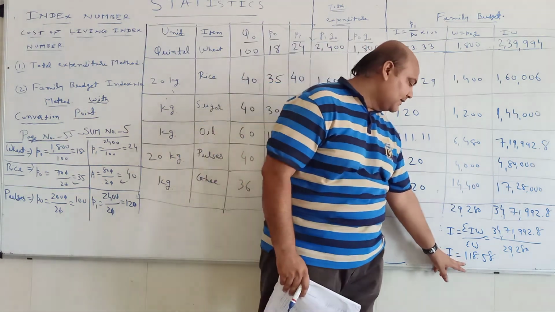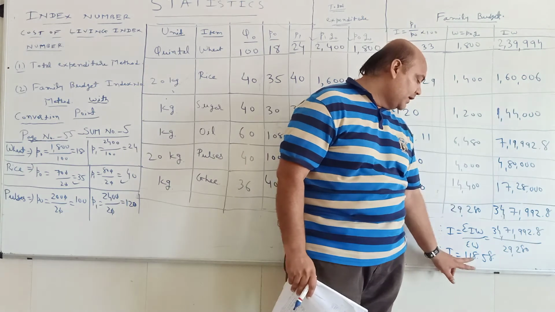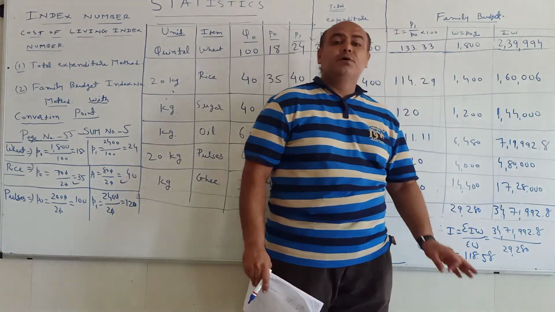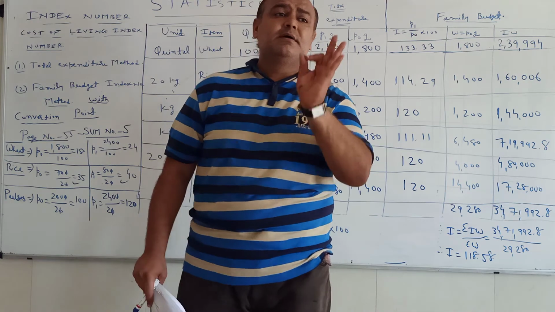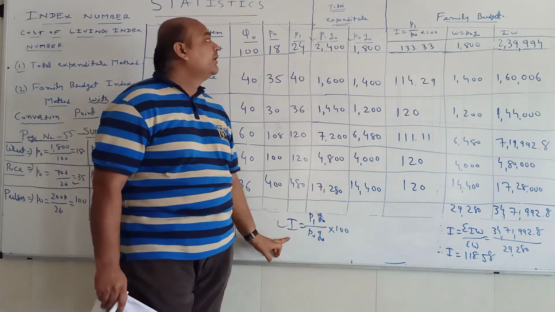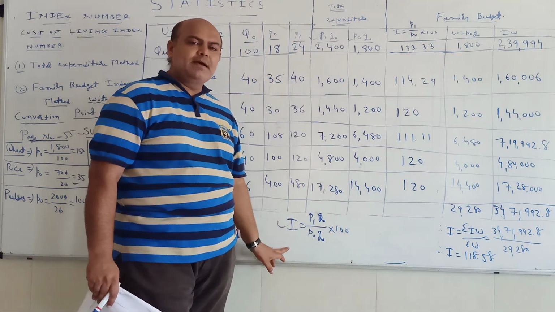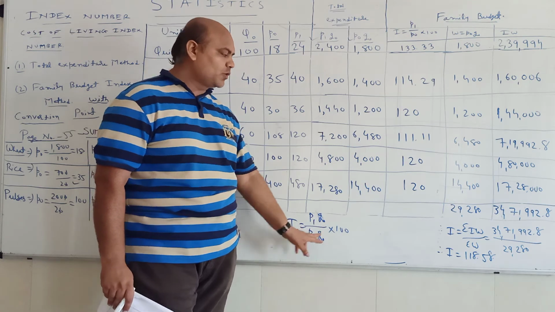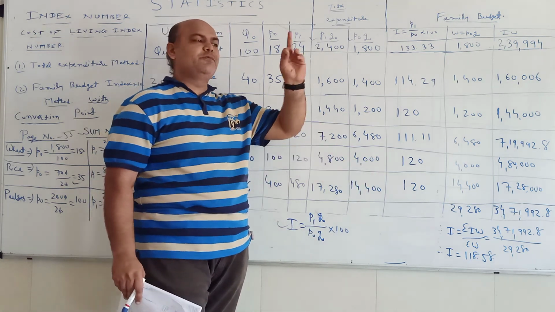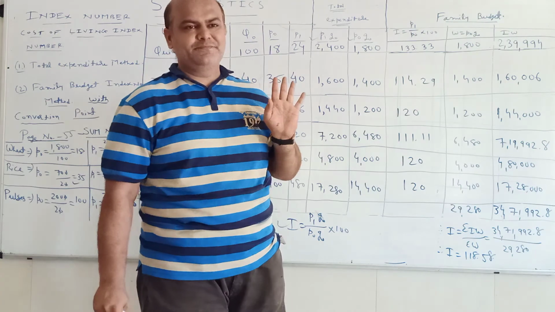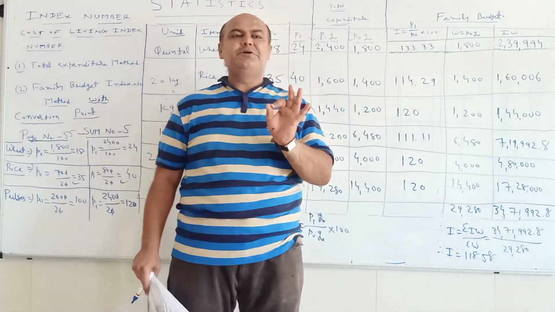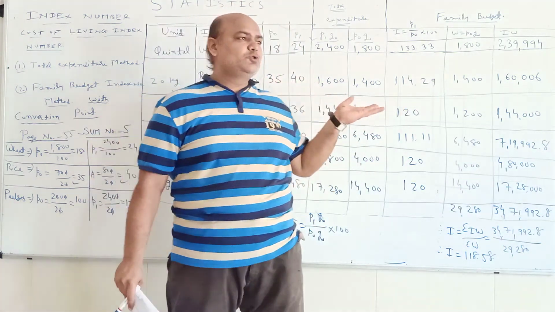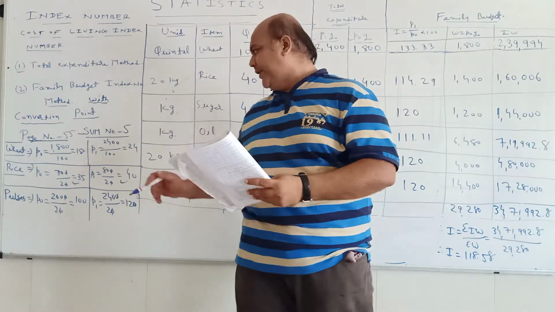So the index number comes 118.58. Similarly, the answer of the total expenditure or aggregate expenditure method also comes 118.58. That is sure.